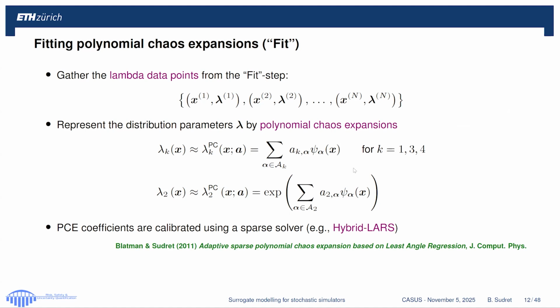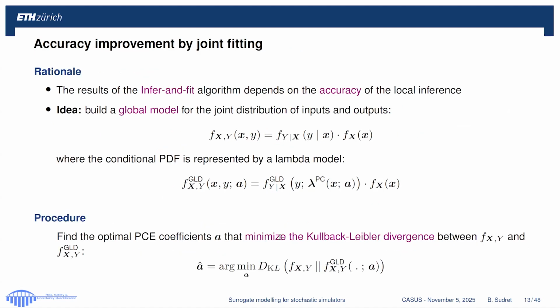But we could also take other surrogates here, because now we are back to the deterministic surrogate modeling case, with just 4 different parameters, because the distribution has 4 parameters. Lambda 2 has to be positive, so we surrogate the log of lambda 2 to ensure that it will be positive. And this we can do typically by polynomial chaos expansions and any kind of solver to get those expansions.